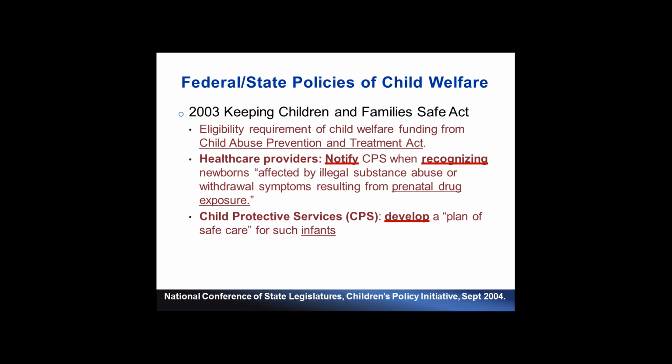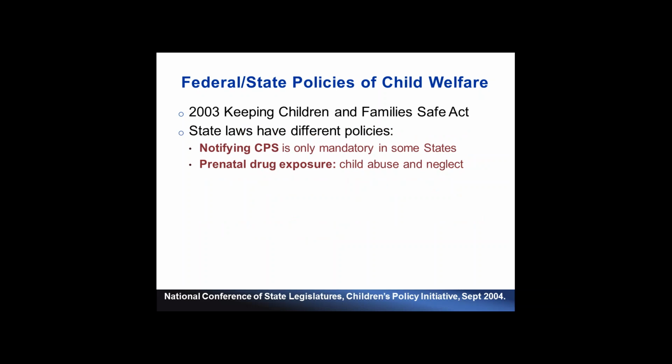This eligibility is that a state must have a policy in place for healthcare providers to notify Child Protective Services when they recognize babies born with symptoms resulting from prenatal drug exposure. However, not all states are doing this. The notification to CPS is only mandatory in some states. On top of that, in some states, prenatal drug exposure is considered child abuse and neglect.